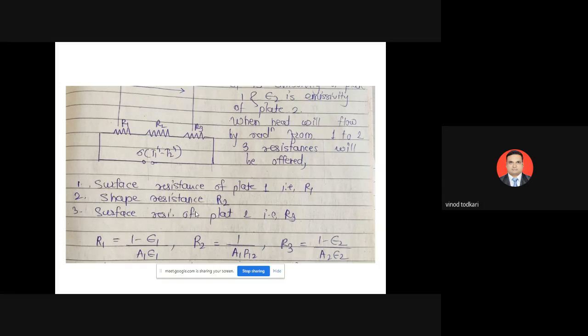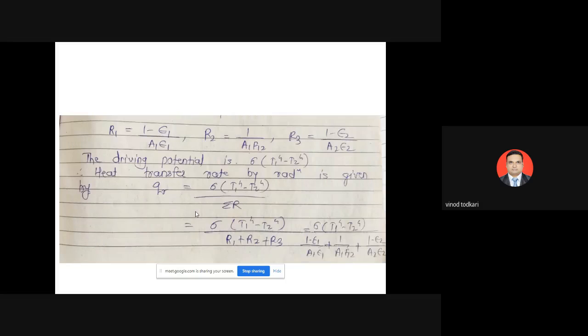So Q is equal to the driving potential, sigma into (T1 raised to 4 minus T2 raised to 4), divided by the thermal resistances. They are R1, R2 and R3. So in this case, I will write QR is equal to sigma into (T1 raised to 4 minus T2 raised to 4) divided by R1 plus R2 plus R3. So this simple 2 or 3 step derivation has been asked for 8 marks.